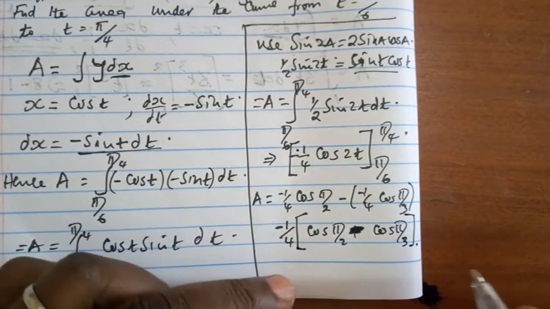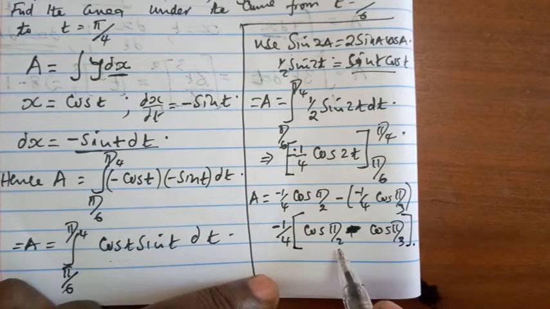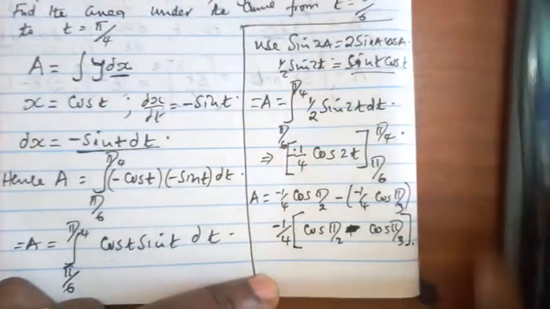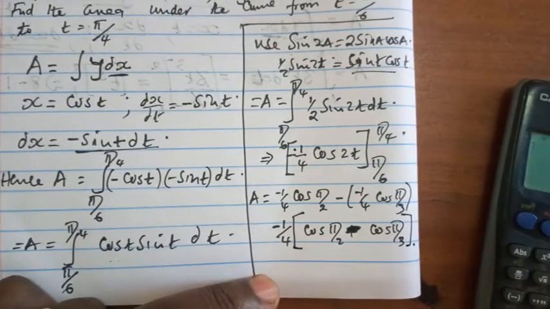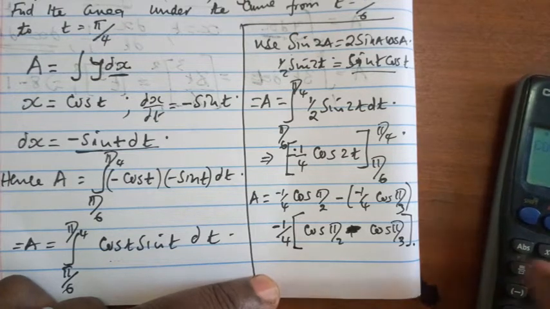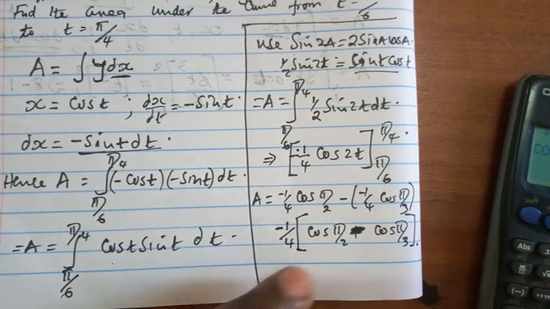So it goes without saying that the cosine of pi over 2 has to be understood. The cosine of pi over 2 is, of course, 0.